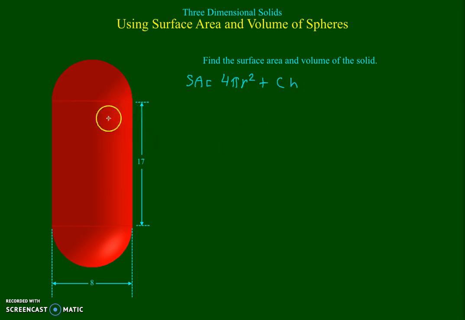And as you remember, the net of a cylinder is a rectangle, and the length of the rectangle is the circumference of the cylinder. So let's go ahead and start putting in some values.